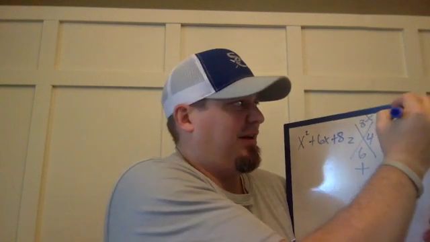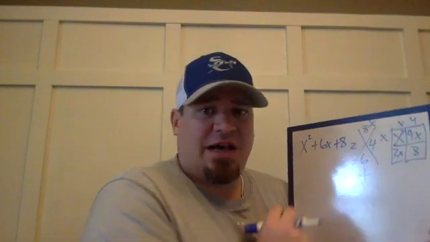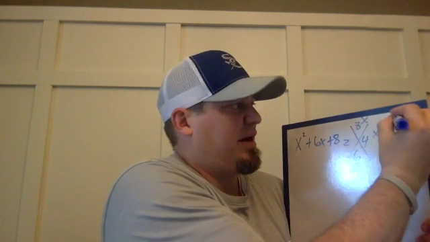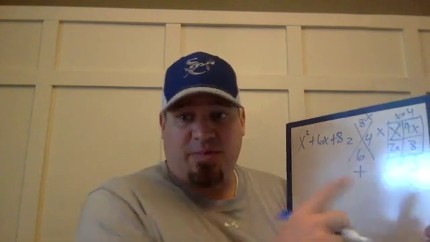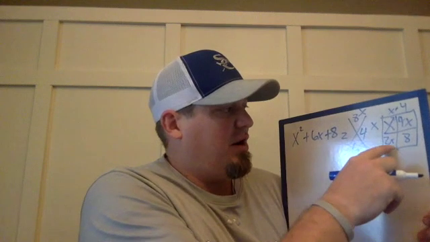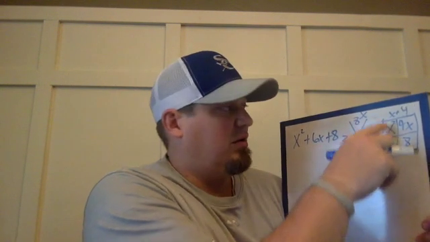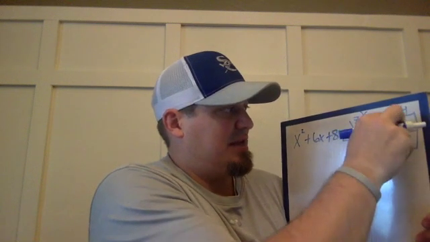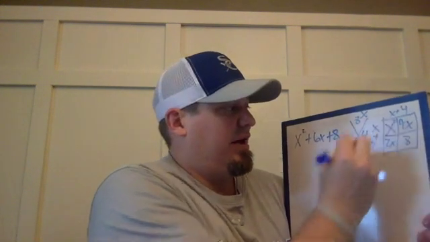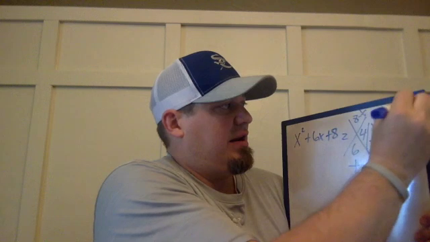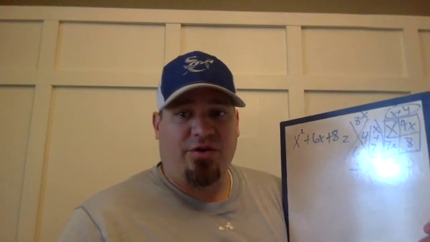Well, that's easy. That's 4, because 4 times x gives me 4x. And down here, what number times this x would give me 2x? Well, 2 times x gives me 2x. So these right here are my two factors, my two answers.